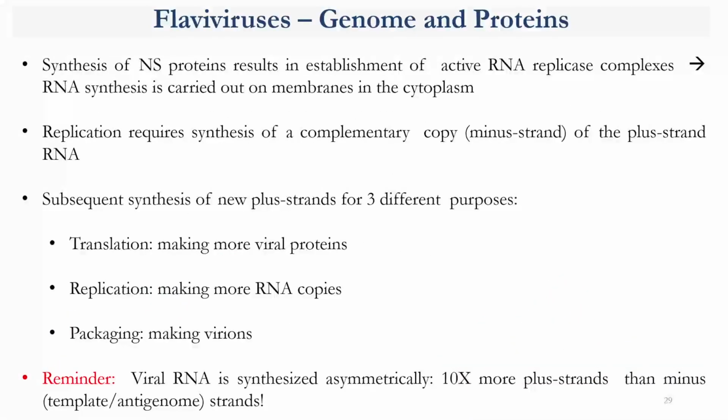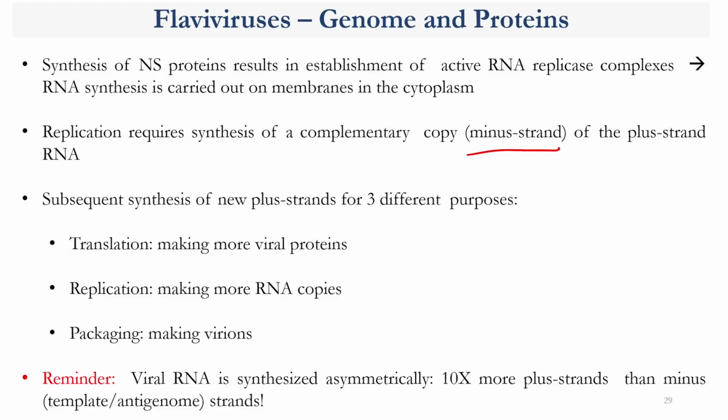Now, if you look at the non-structural proteins, again, it results in formation of RNA replication complexes, so RNA replicase complexes, okay? Now, again, RNA synthesis happens in membranes in the cytoplasm. And again, you need a minus strand, so you need the antigenome of the positive sense RNA molecule, okay? So see the theme here, you have a positive strand RNA genome, you need to make an antigenome.